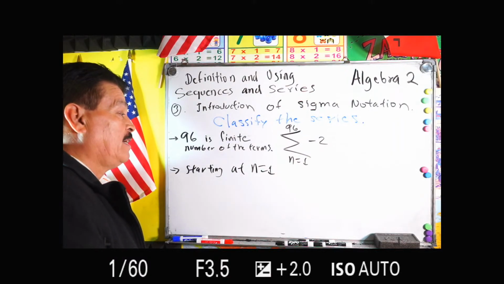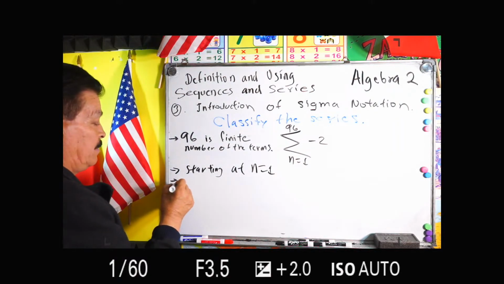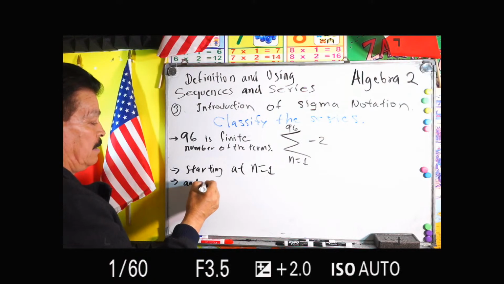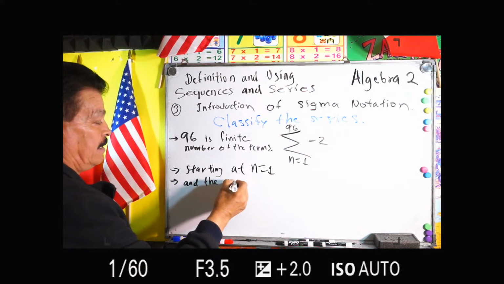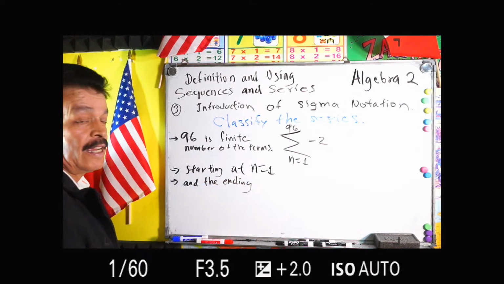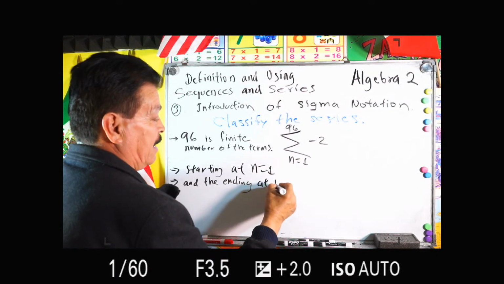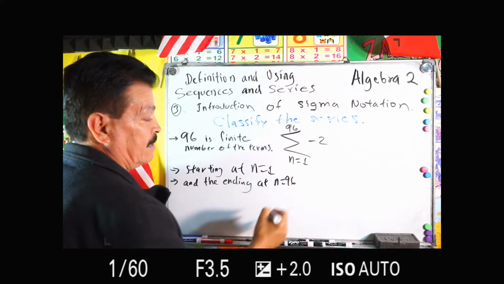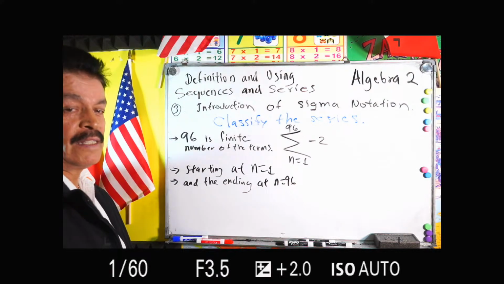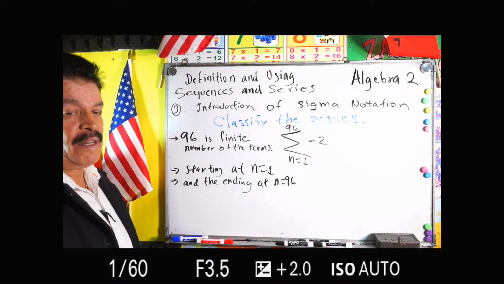And the ending at n equals 96, right? So it's very simple.